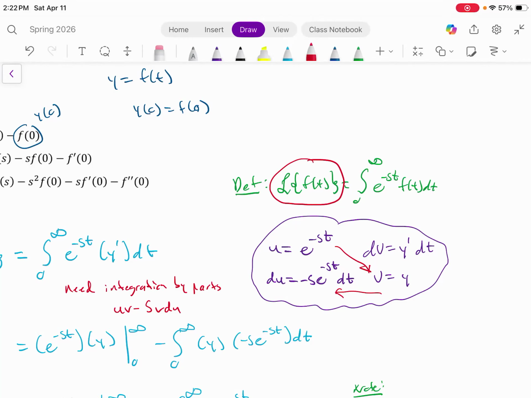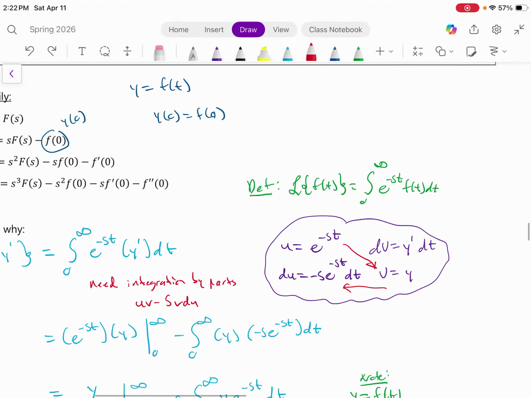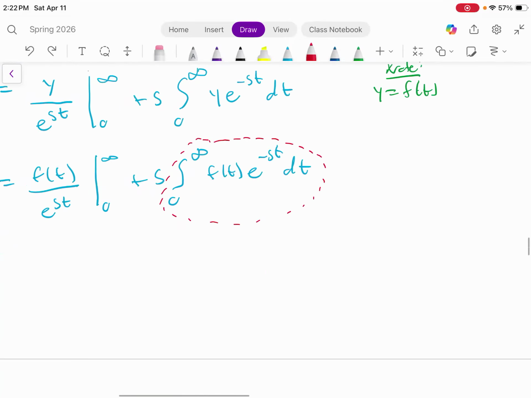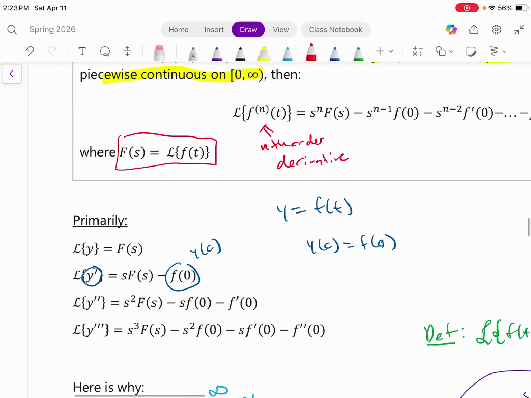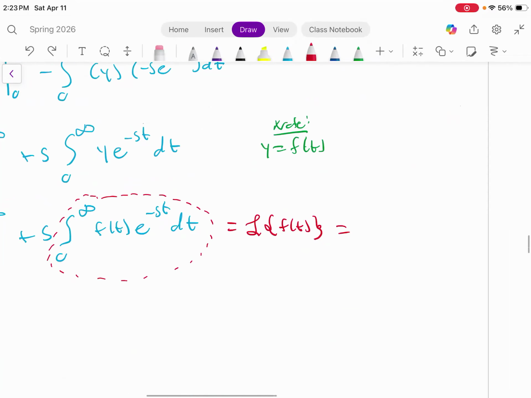And so this whole integral is the same thing as the Laplace of f of t. Okay, but what also is the Laplace of f of t? What is that exactly? Well, that's just F of s. So this whole thing is just F of s.